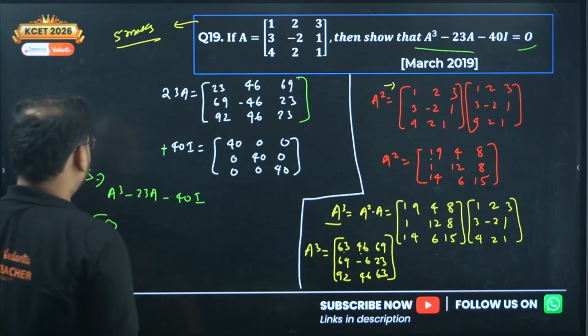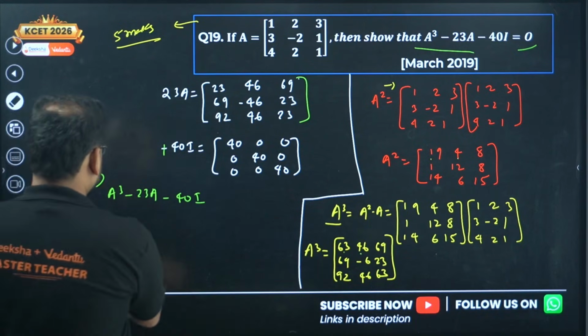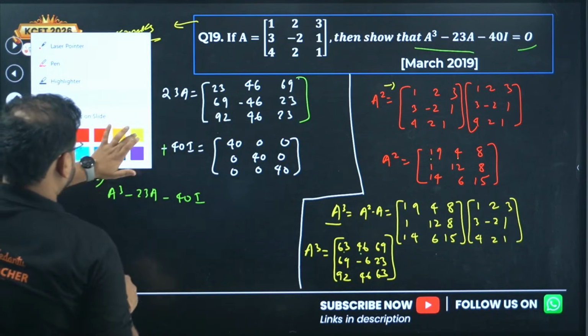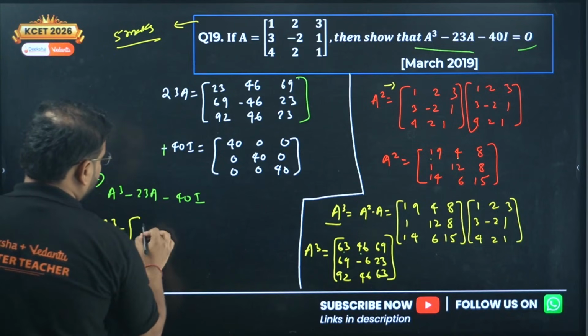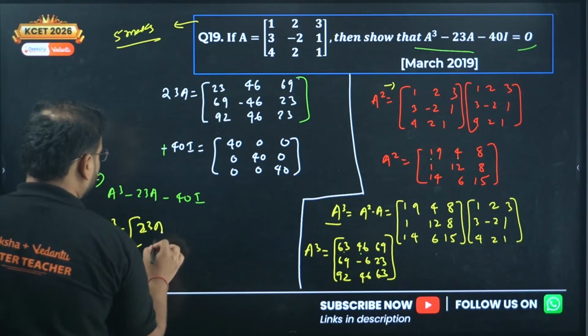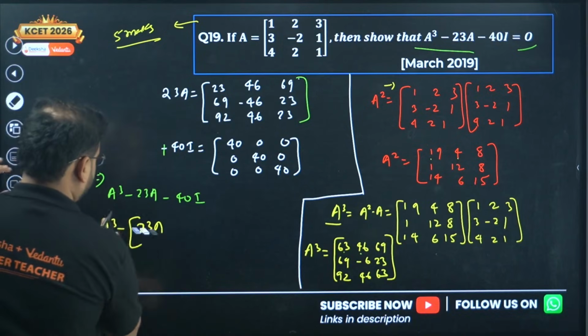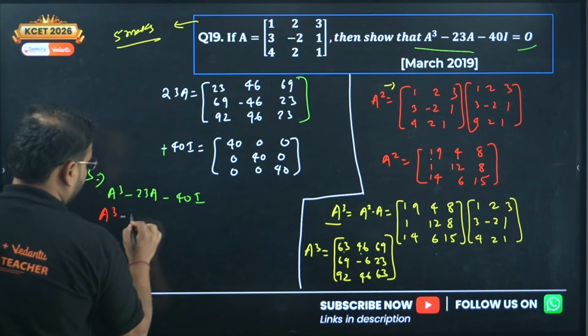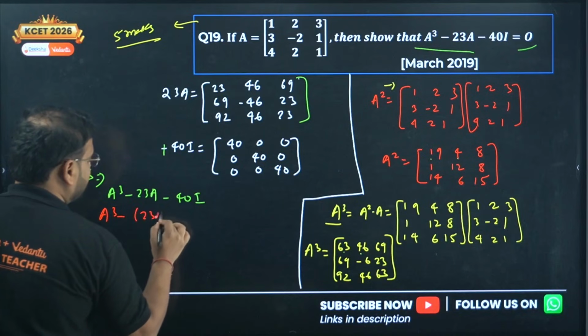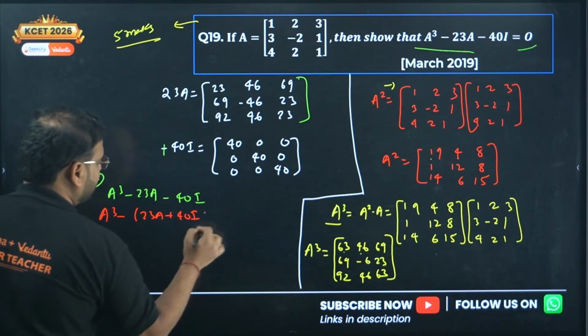And if you want, I can show a better approach to this. Take A cube as it is and add these two, 23A plus 40I. Sorry, excuse me, guys. We have A cube. Add this, 23A plus 40I. Now you check.